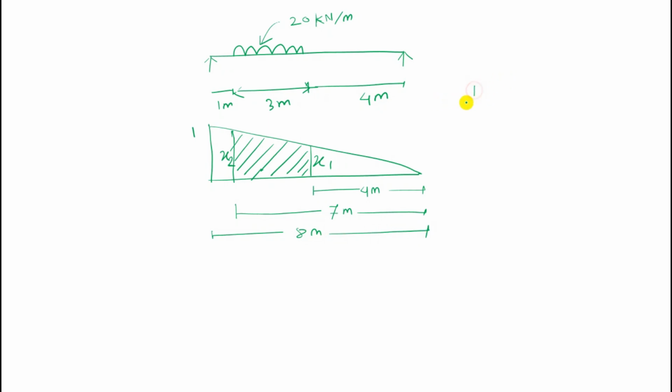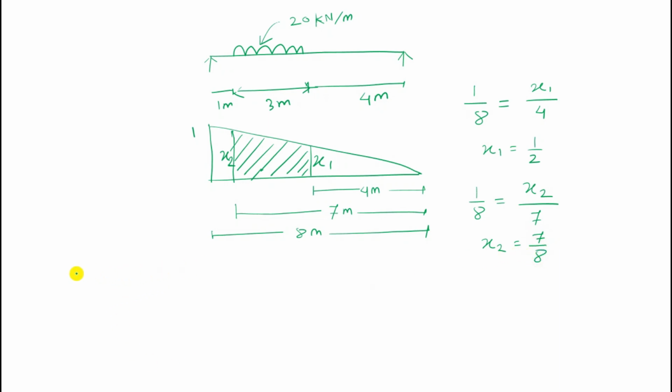Now we can write 1 by 8 equals x1 by 4. So x1 equals half, and 1 by 8 equals x2 by 7, or x2 equals 7 by 8.